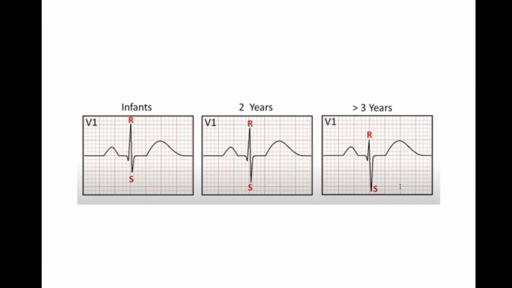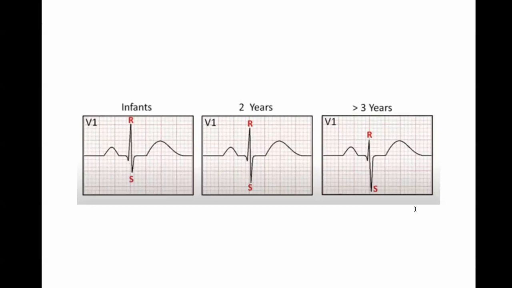If we look at lead V1 here, infants in their first month of life should have a high RS ratio, where the R wave is greater than the S wave. This is because lead V1 reflects the right ventricle, which is dominant at that age. As the axis shifts, so too will the RS ratio. And often by 2 to 3 years of age, the amplitudes of the R and S waves are equal.